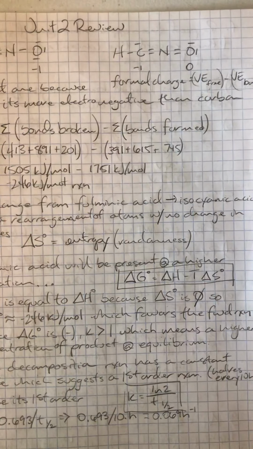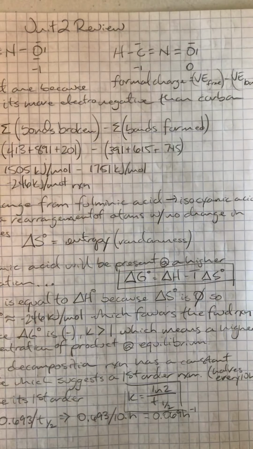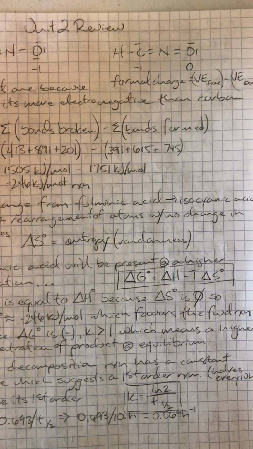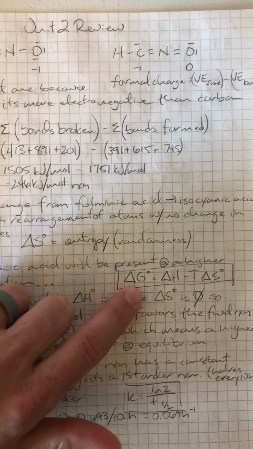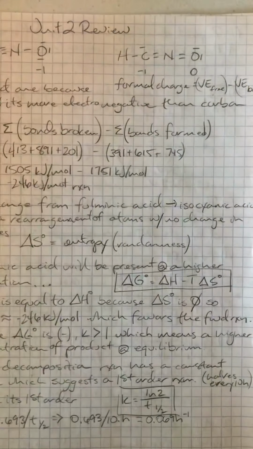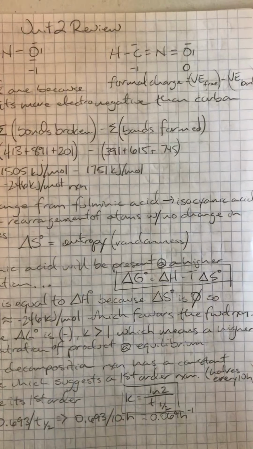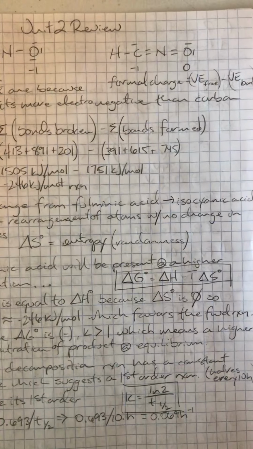The next question talks about fulminic acid or isocyanic acid. Which one will be at a higher concentration at equilibrium? So you have to basically calculate delta G. Well, you don't really have to calculate it, you just have to understand delta G. Remember, delta G is equal to delta H minus temperature times delta S. So when you do that, delta G is roughly equal to delta H, because delta S is 0.